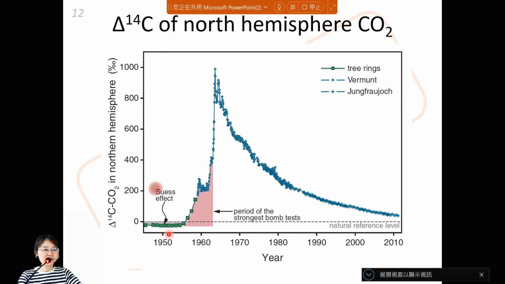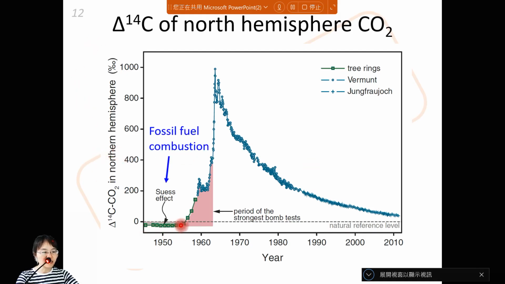This is big delta C14 of CO2 in the northern hemisphere over the years. This is 1950, the so-called modern in conventional C14 age. In the middle 1950s, the effect of bomb C14 starts to be visible. The value is almost plus 1,000 per mil around 1963, and then decreases over time. The effect of bomb C14 is very obvious and prompt in the atmosphere.